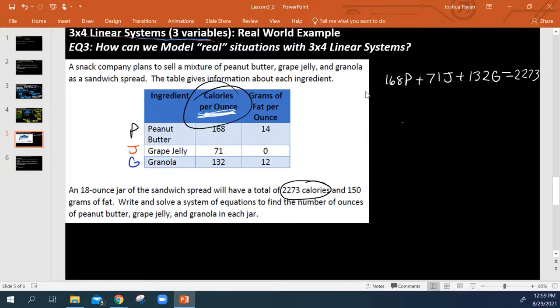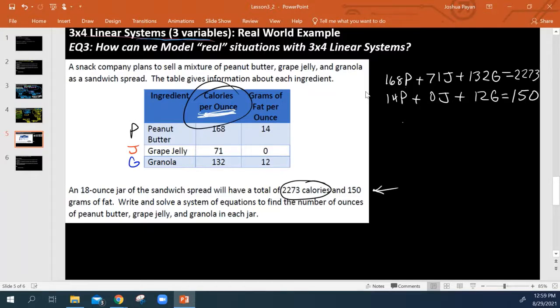Okay, then we're looking at the fat. So we're looking at 14 of peanut butter plus 0 of jelly plus 12 of, what do you call it, granola. And I call that a bunch of baloney. But that's the grams of fat, 150.